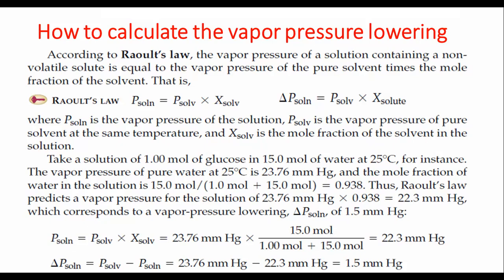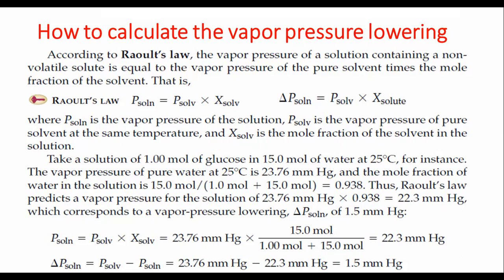So this is the lowering of the vapor pressure, because our target is how to get the vapor pressure lowering. If you are using this equation, now you can calculate the vapor pressure lowering by this formula. This is the vapor pressure of the pure solvent minus the vapor pressure of the solution, as we have done during the derivation of Raoult's law.